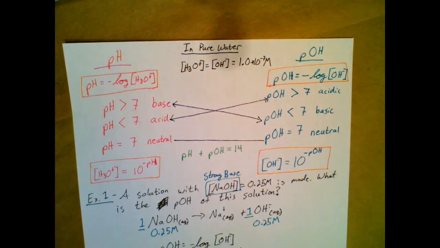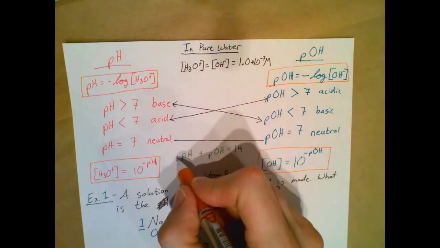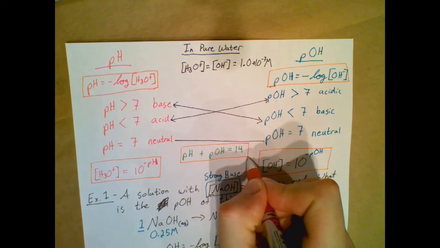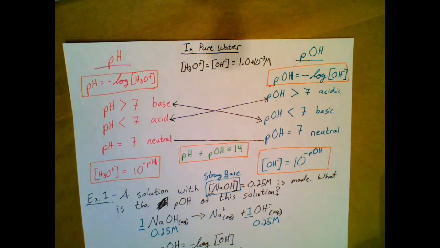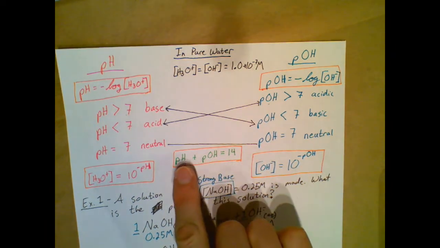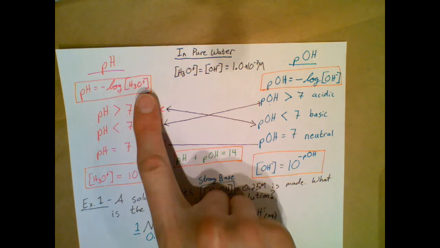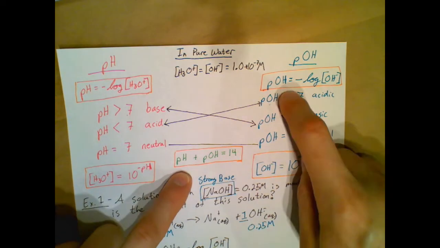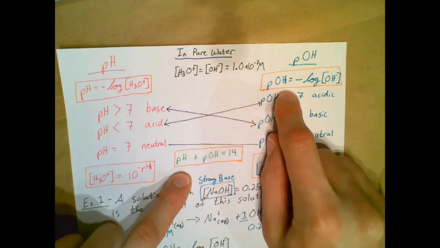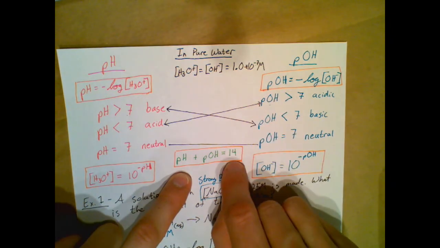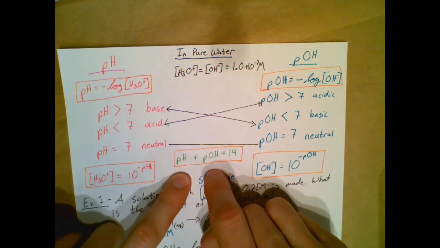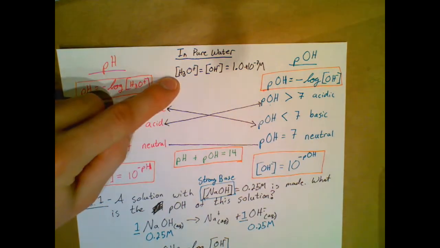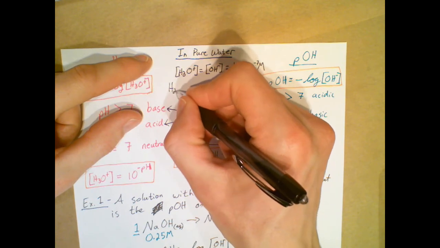Okay, that's the last formula that I'm going to show you for acids and bases. And this is all because pH is really just a representation of H plus or H3O plus. pOH is really just a representation of OH minus. You have both H plus and OH minus in a solution, and they affect each other because of the equilibrium of water.